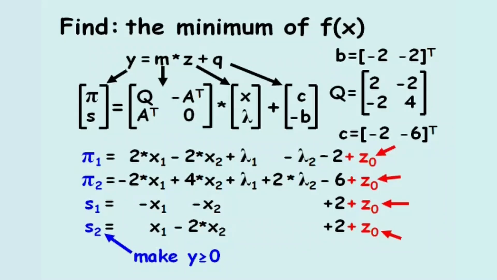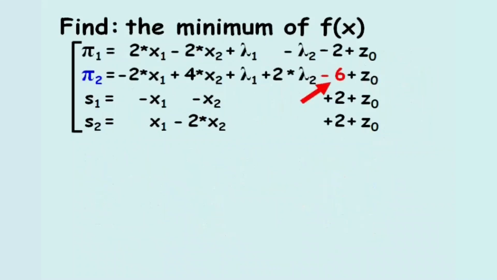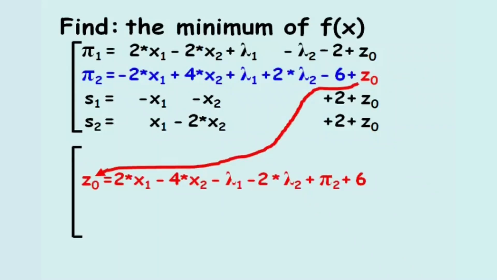Then, in the first iteration, we'll replace the most negative basic variable in vector y, which is pi2, which has a value of -6, with the artificial variable z0, such that all basic variables are non-negative. Next, we'll solve for this second row for z0, and write out z0 in the second row of our next iteration.